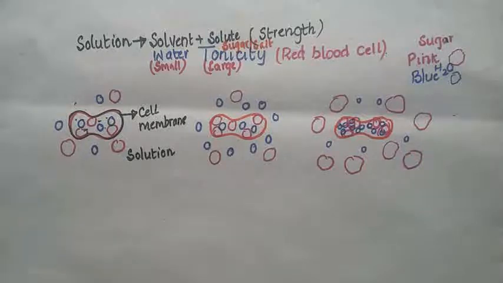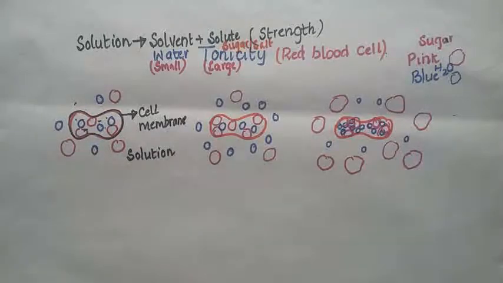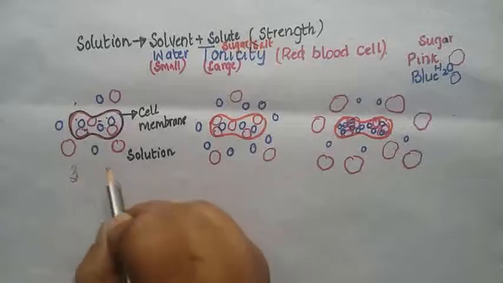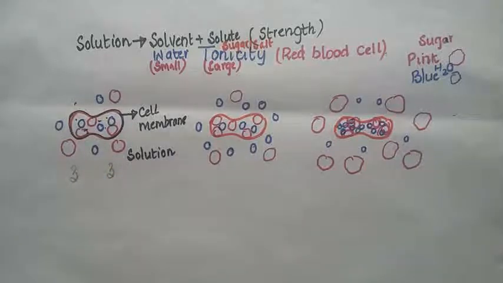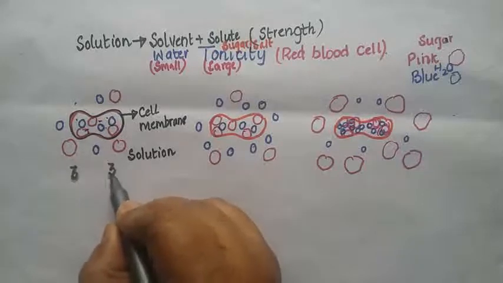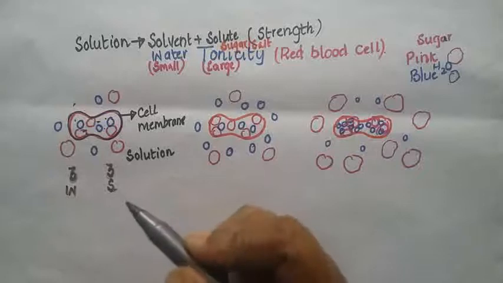So check. We have 3 molecules of sugar and also 3 molecules of water. So you can find 3 molecules of water followed by 3 molecules of sugar.